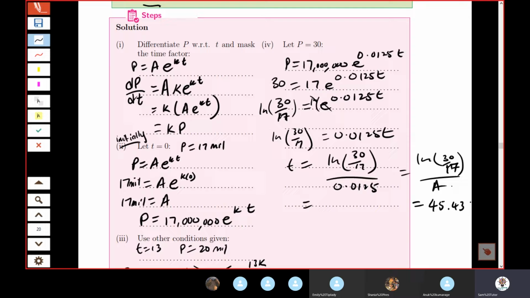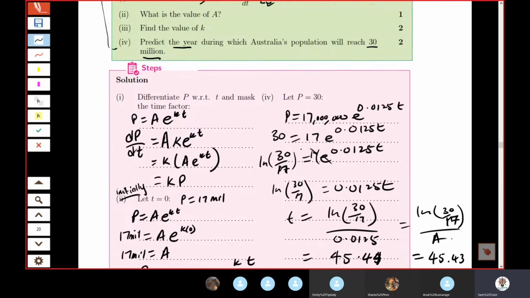If I did log 30 over 17 divided by 0.0125, I get 45.43. Yep, so no matter. It didn't really matter in this case. Well, it becomes 44 really, but not that it matters so much. In this case, of course. So you would have been okay. But you don't know that. So because you don't know that, it's safer to say A.